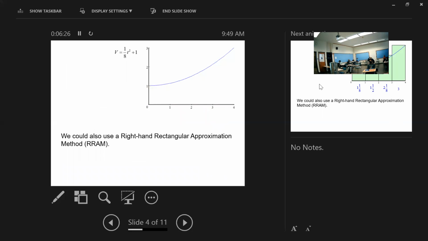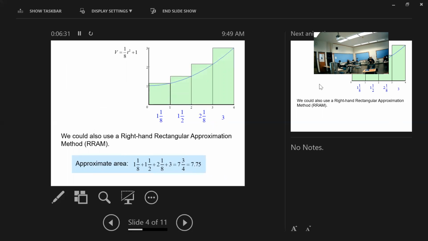You could use RRAM, same data set. Look what happens. If we put 1 in the function, we already did that. We got the 9/8. We already did this. We already put 2 in there. We put 3 in there. What we didn't do is put 4 in there. So if we put 4 in here, we square it to 16. 16/8 is 2 plus 1 is 3. So it's the same rectangles. These 3 are the same.